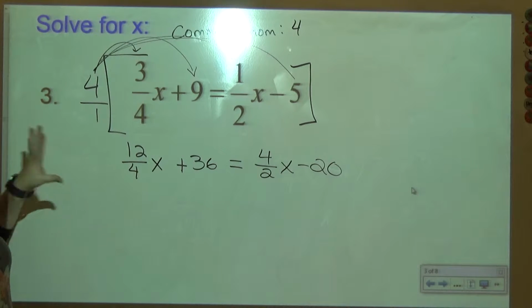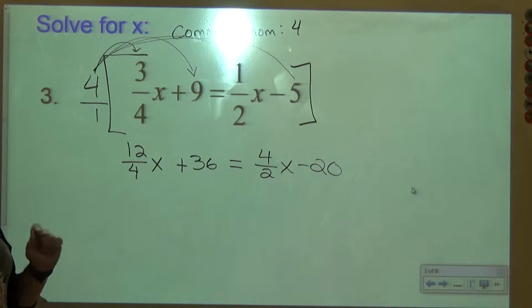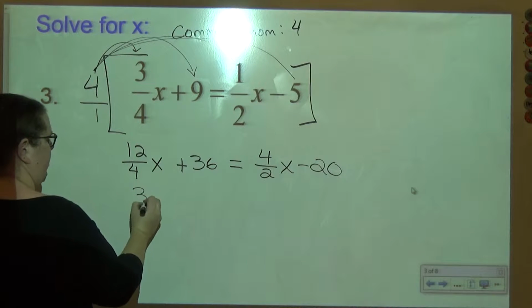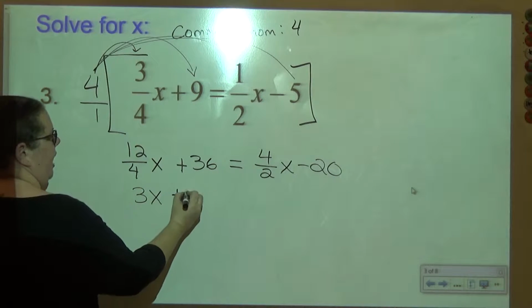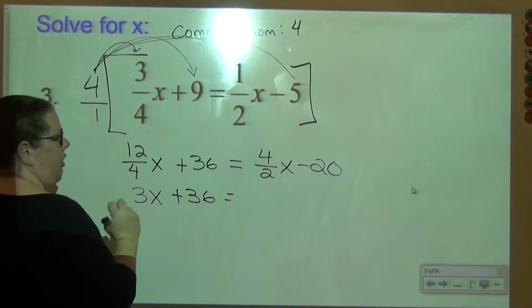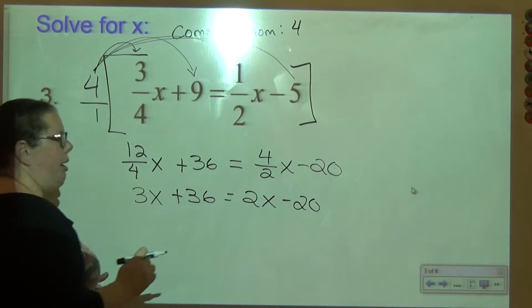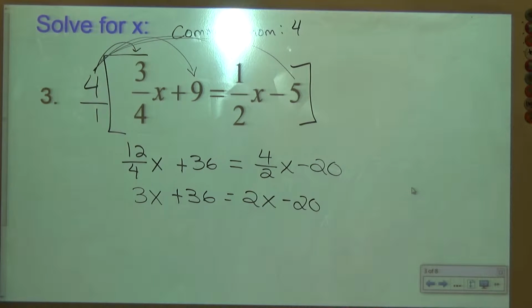Now here's the nice thing. Now that I did that, look at my fractions. What's 12 divided by 4? 3x. So 3x plus 36 equals 2x minus 20. So by multiplying everything by 4, I was able to make this equation something with no fractions in it that's easy to solve.